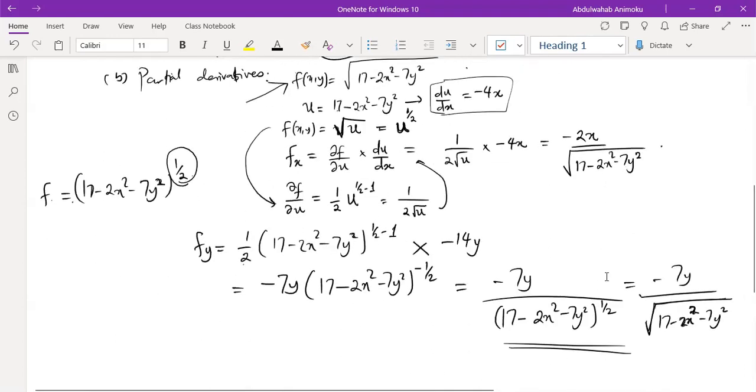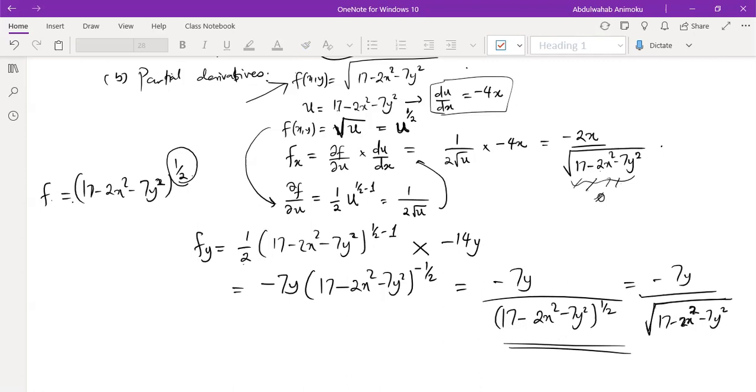Because when you check the partial derivatives, which talks about the derivatives of the function, you will see that we have a square root in the denominator, and you know that the square root must not be 0. So that means the equality must not hold, right? If the equality holds, that means 17 will be equal to 2x squared plus 7y squared, which will make the denominator equal to 0, and then that will be undefined.